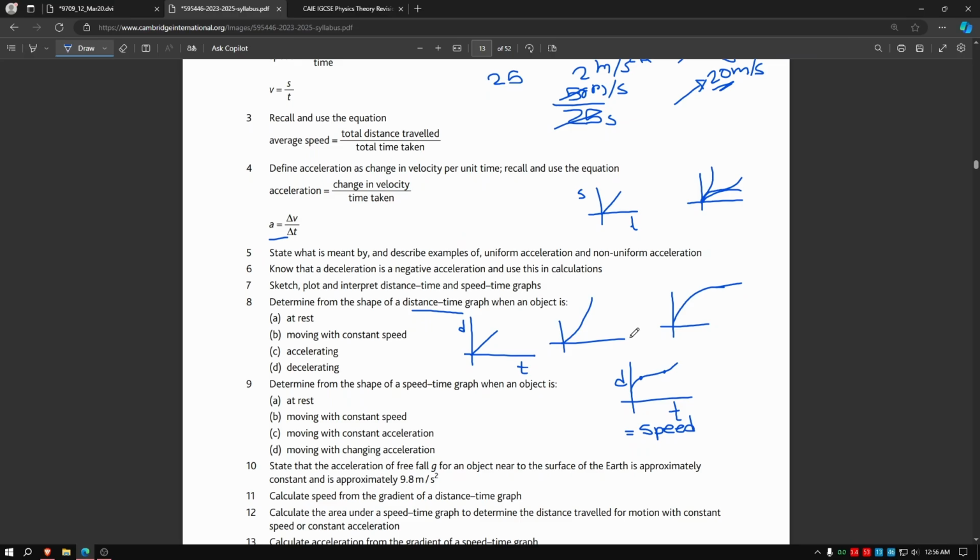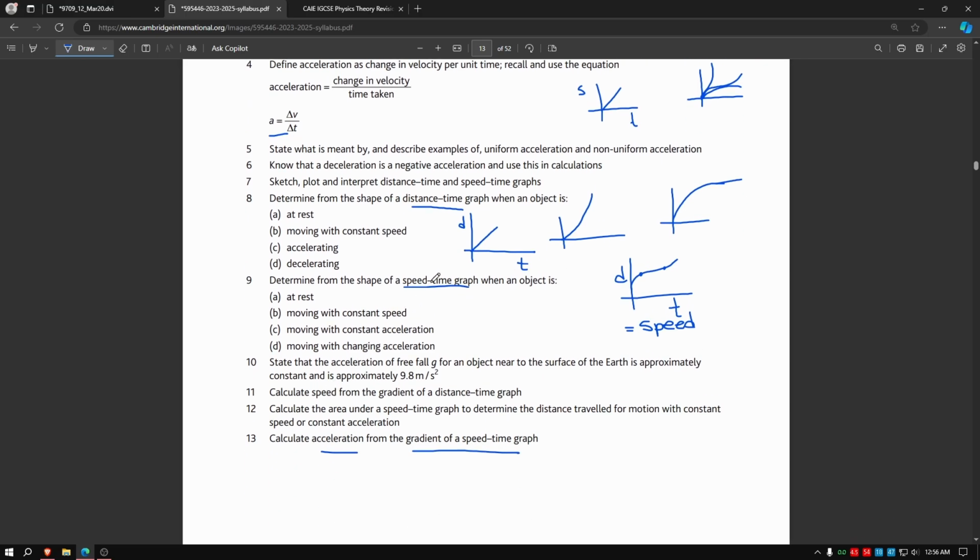Now the speed-time graph. Moving with constant speed means a straight line, not at the bottom. Here, here, anywhere, a straight line fully parallel to the x-axis.